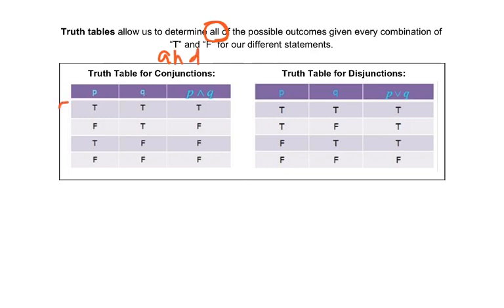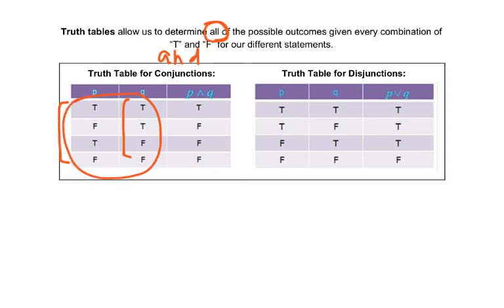We start off our list with P, so we have true, false, true, false. And our Q's is going to be true, true, false, false. That's just to get every combination. So we have a true P, true Q, false P, true Q, true P, false Q, and false P, false Q. If you start off writing it like this, then you will get every combination that you want.